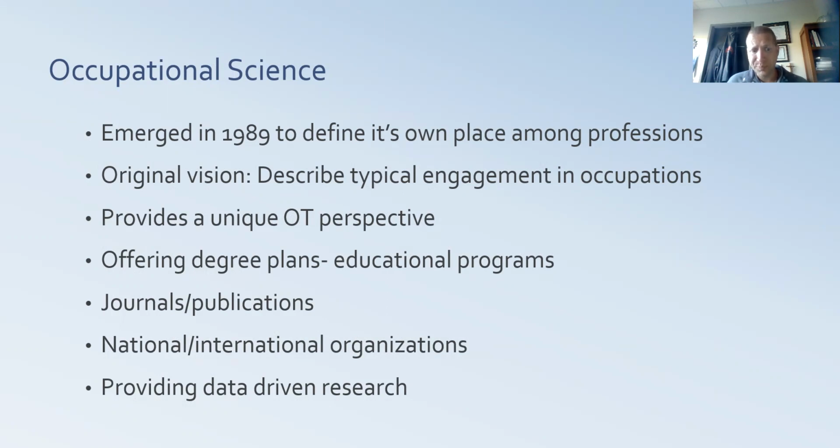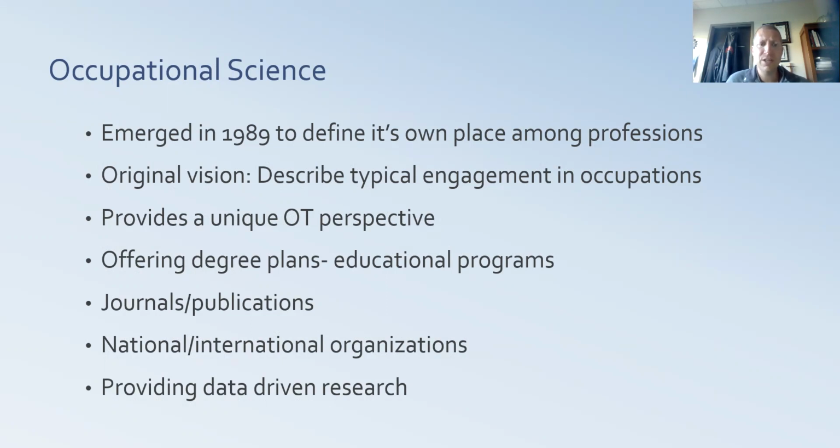And so the University of Southern California, Florence Clark, she's still around, but USC was the first to develop a degree plan that highlights occupational science. So again, this emerged around the later 80s. Right around the time when we have these models of practice, occupation's what we need to go back to, but now we need evidence that shows the benefit of that.